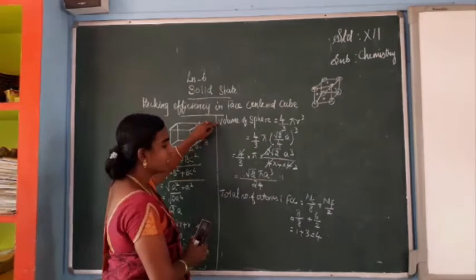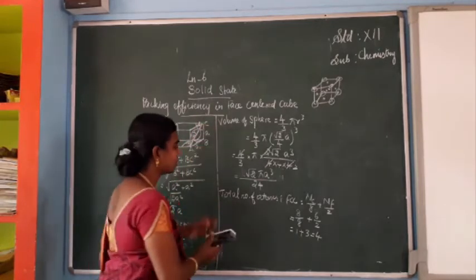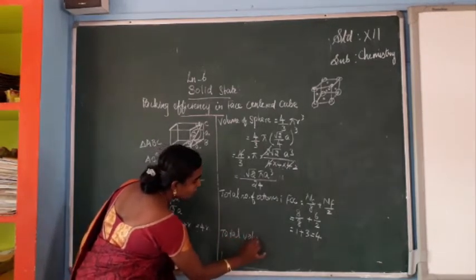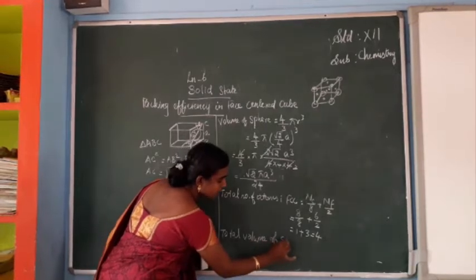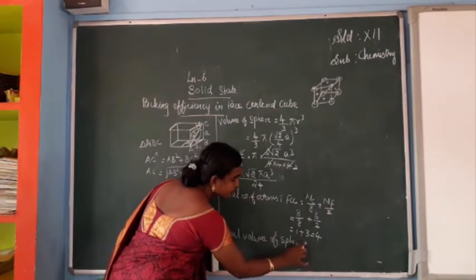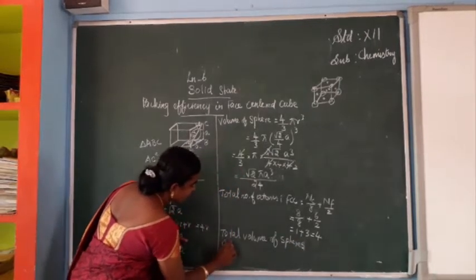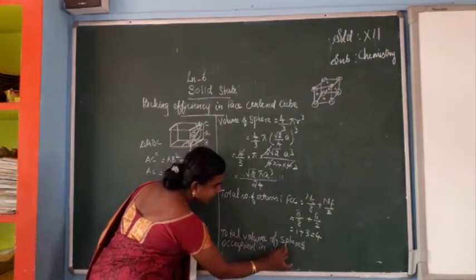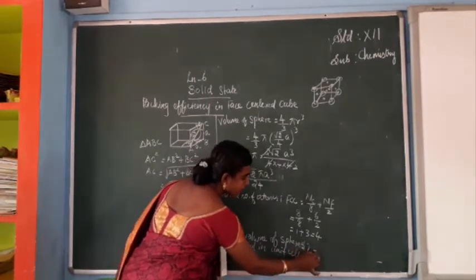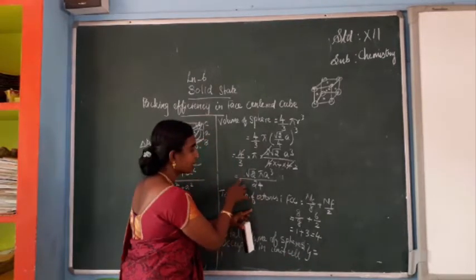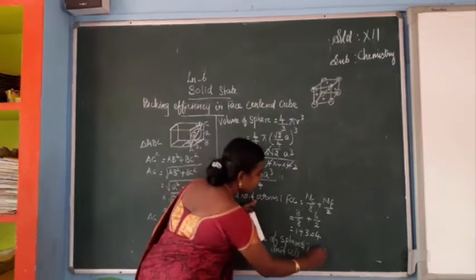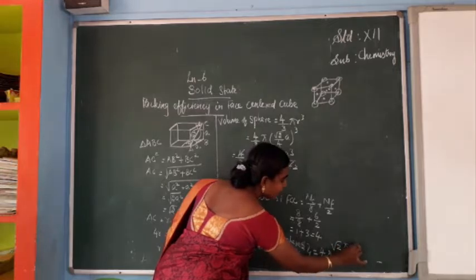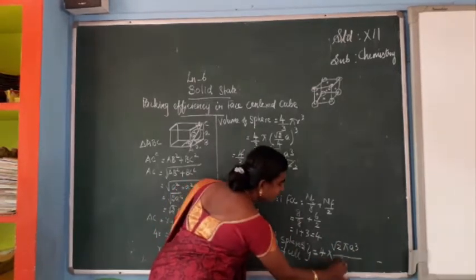If we need to calculate total volume of spheres occupied in unit cell, the formula is total number of atoms into volume of one sphere. So that is 4 into root 2 pi a cube divided by 24.